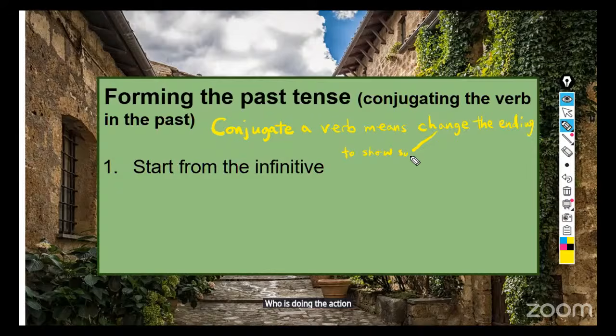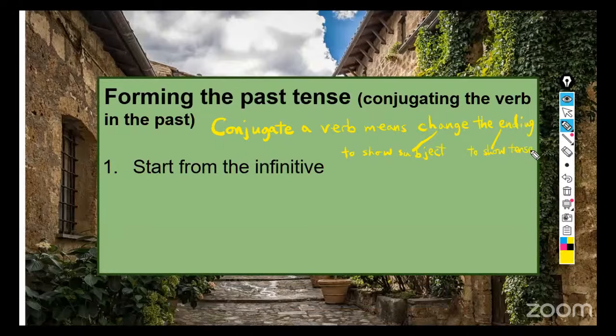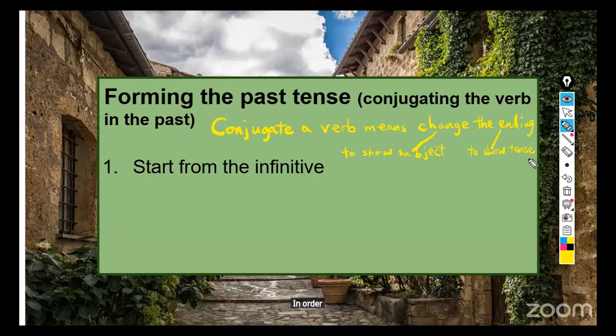We will show the subject, as it's called in a grammar book, the doer of the action, and it will also show the tense. So is the action a now action, a present tense action? Is the action a yesterday action, a past tense action? Is the action a tomorrow action, future tense? So when we say conjugate the verb, what teachers mean is change the ending of the verb in order to tell me who is doing it and what is the tense.